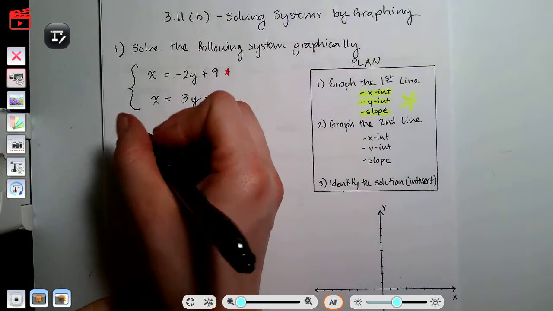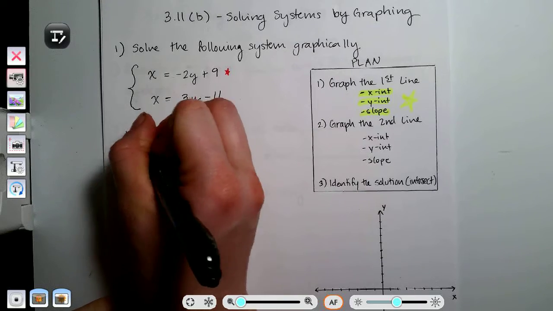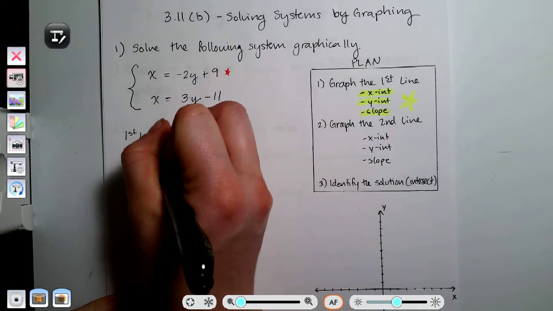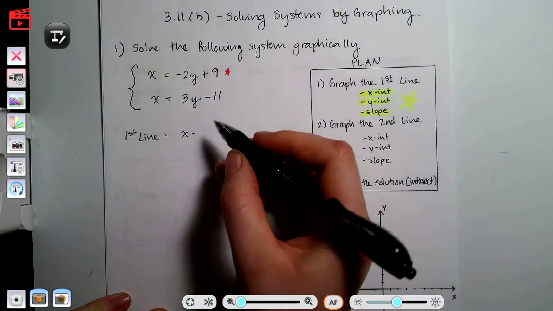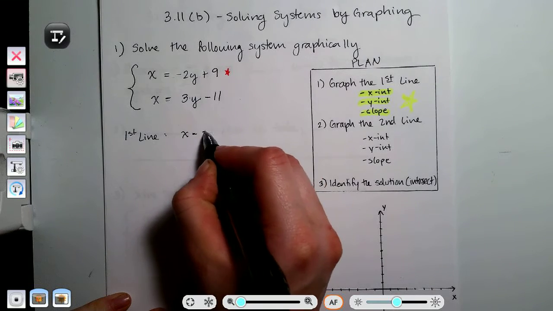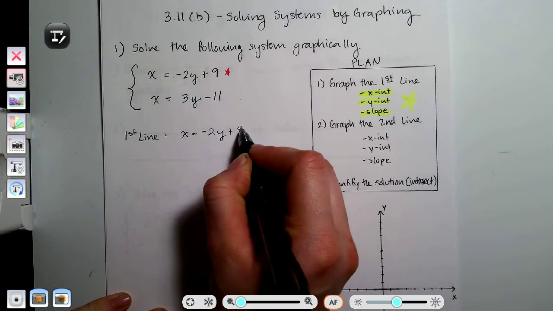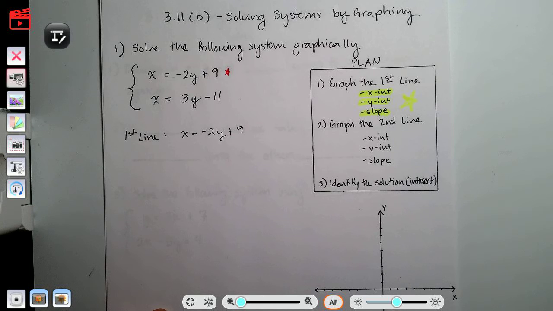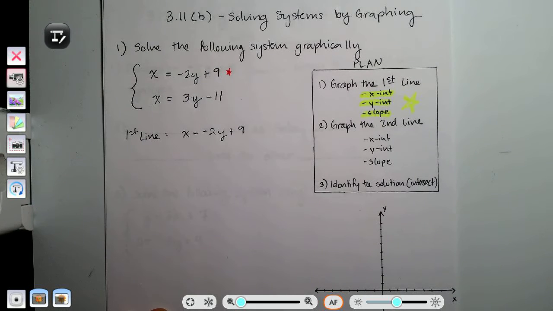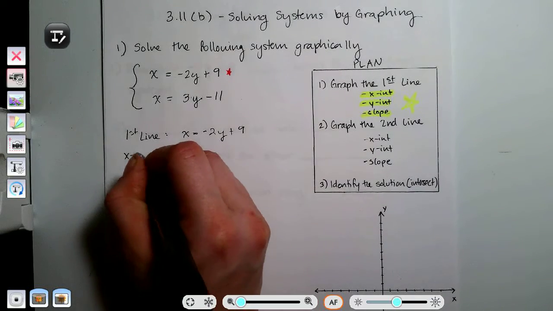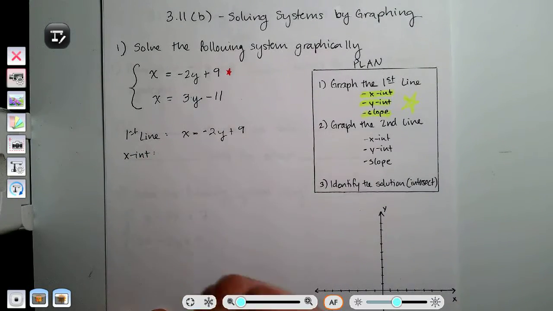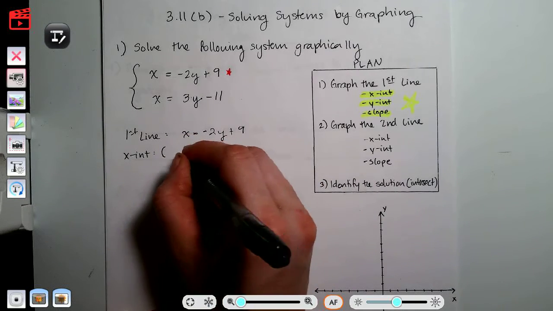Okay, so the first line: x equals negative 2y plus 9. How do we find the x-intercept? Go ahead, pause the video, see if you can find the x-intercept. All right, for the x-intercept, remember we need to indicate it as a coordinate point.